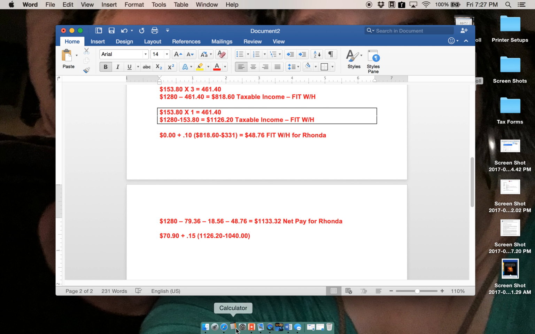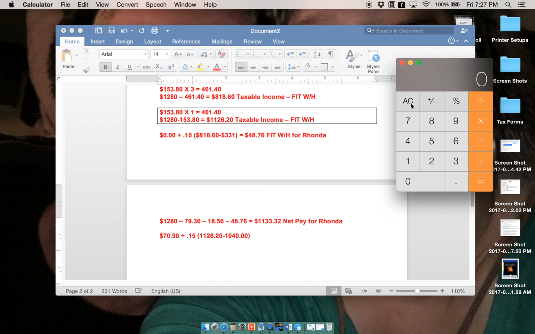Now, just like we did before, we're going to start with what is in parentheses first. That gives us our excess over 1,040: 86.20. Okay, so that's the difference between these two. Then we're going to multiply that by 0.15, which gives 12.93. And then we're going to add it to 70.90, which gives 83.83.